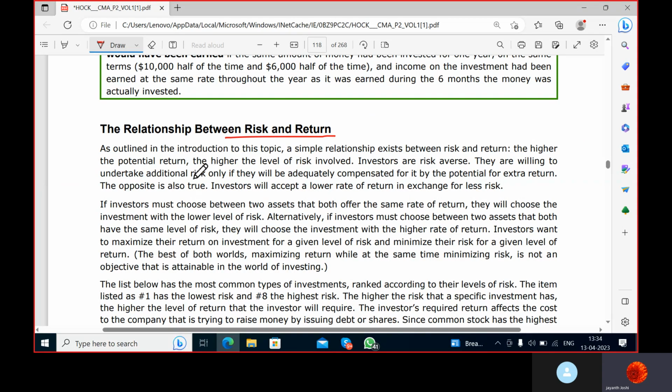Otherwise, if you are not taking higher risk, you are satisfied with less returns as well. That is the point here.